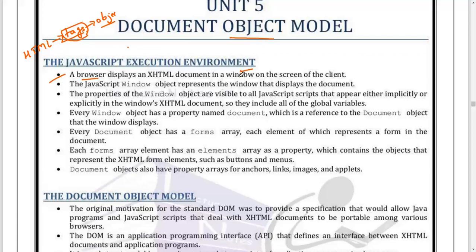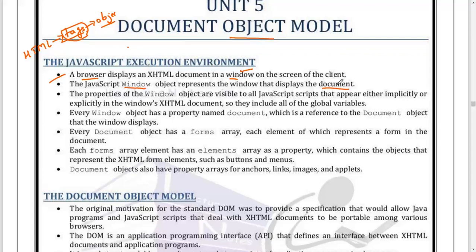You can open several tabs, and each and every tab we are going to consider as a window object. What JavaScript does is consider each and every window or tab as a window object that will be used to display the document.